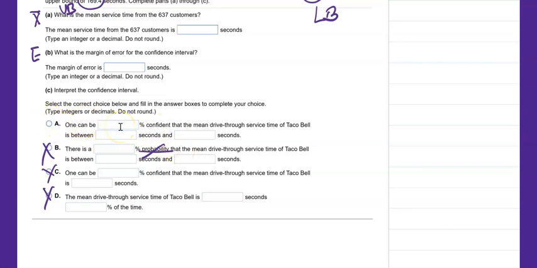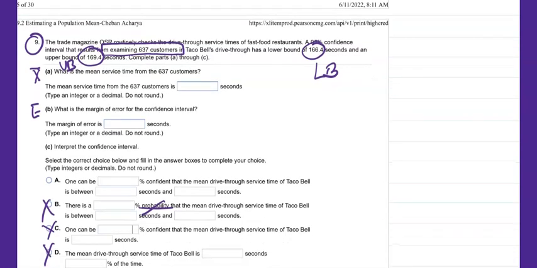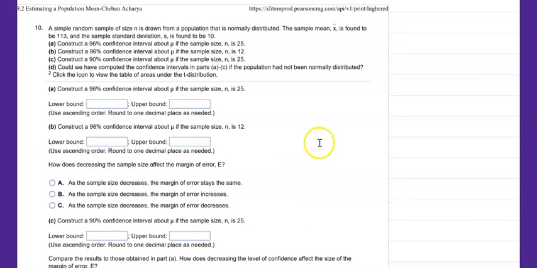One can be 95% confident, since 95% is the confidence level, that the mean drive-through service time of Taco Bell is between the lower bound, 166.4, and the upper bound of 169.4 seconds. That's the answer for part C, which is the interpretation of the confidence interval.